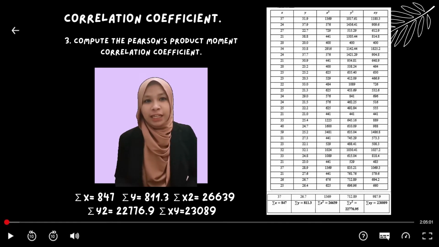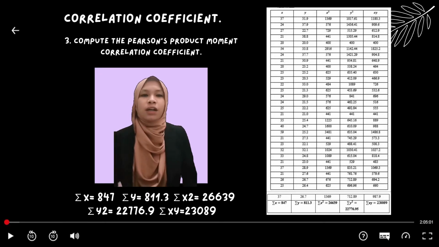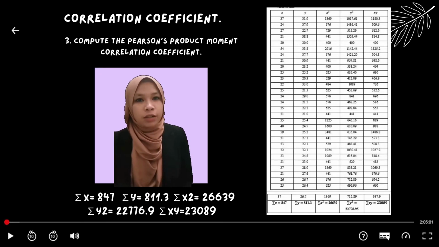Now, let me show the table of correlation coefficient, and we have constructed the moments to get the final answer for correlation. Okay, so we can look at the data on the table.